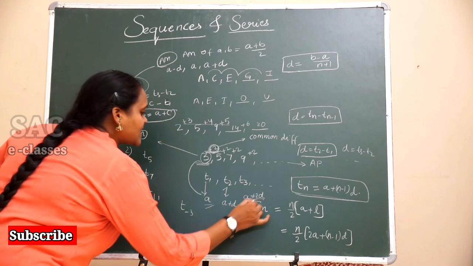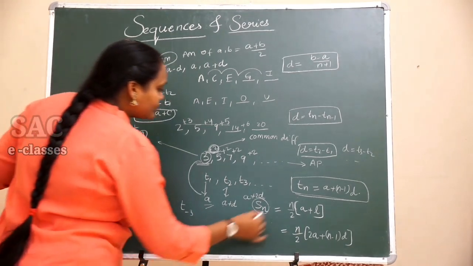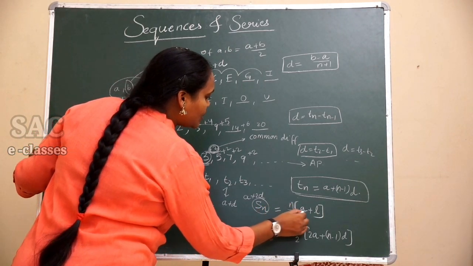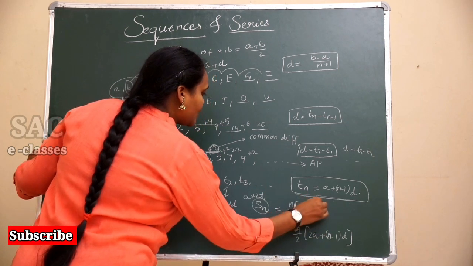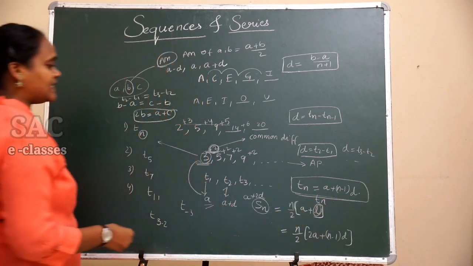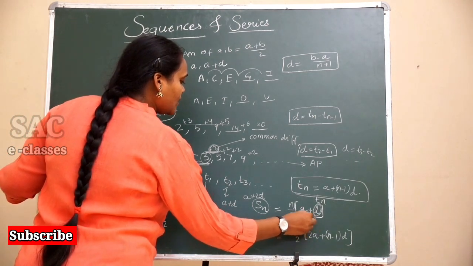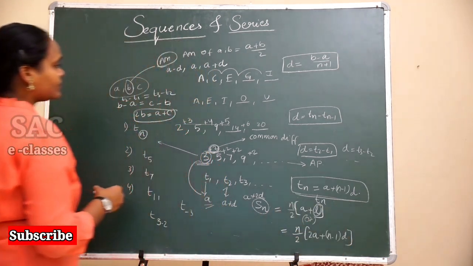Here Sn stands for the sum of n terms of an AP, which can be found as n by 2 into a plus l, where l is the last term, that is Tn, or by another formula, n by 2 into 2a plus n minus 1 into d.